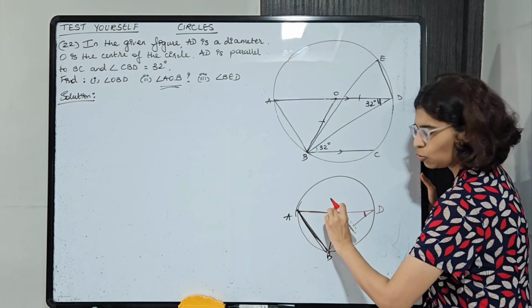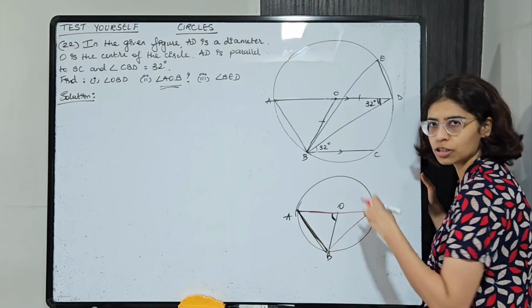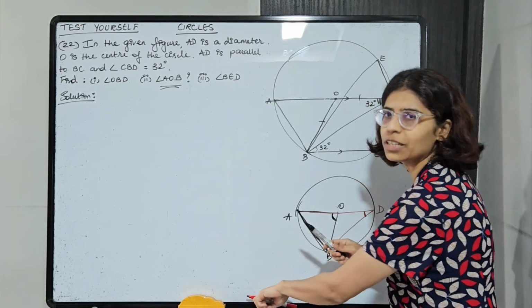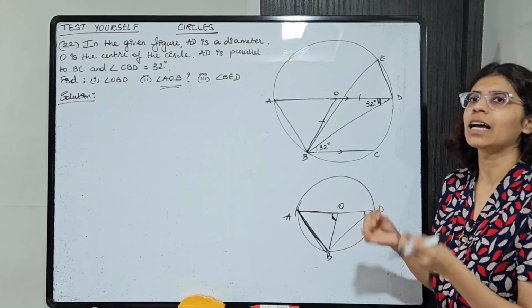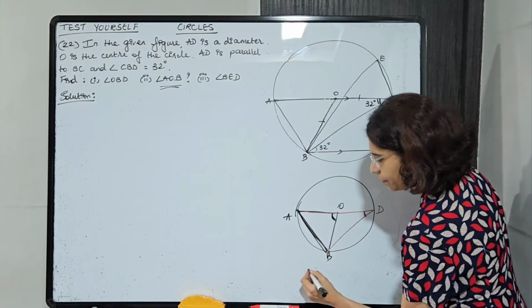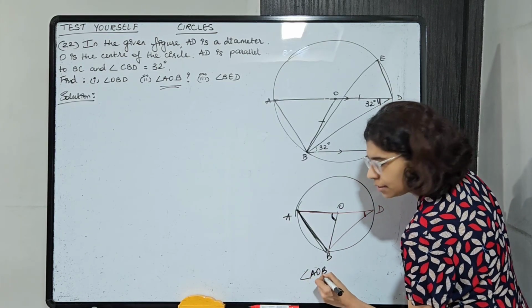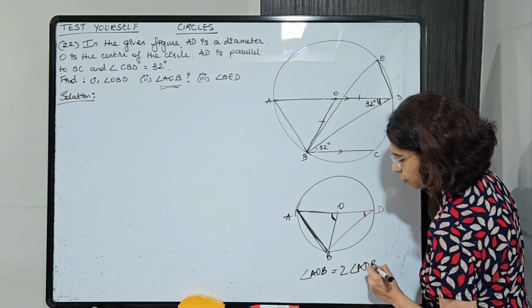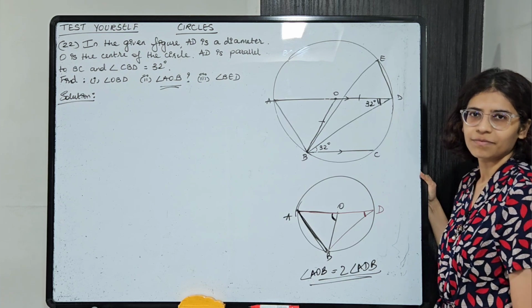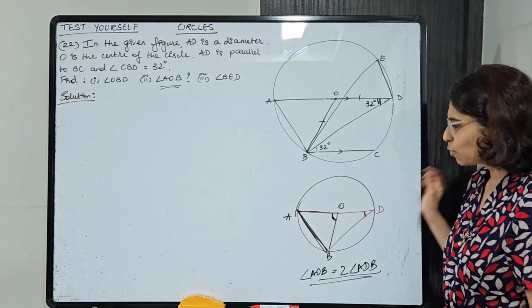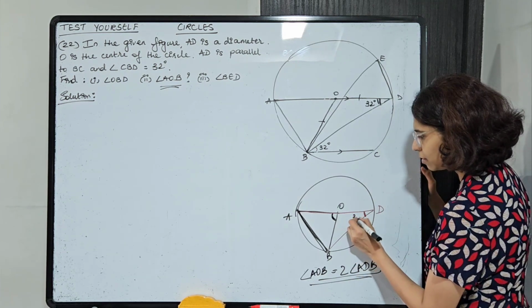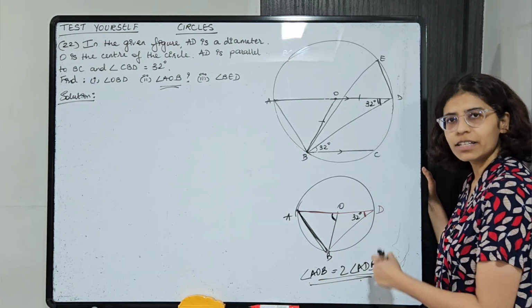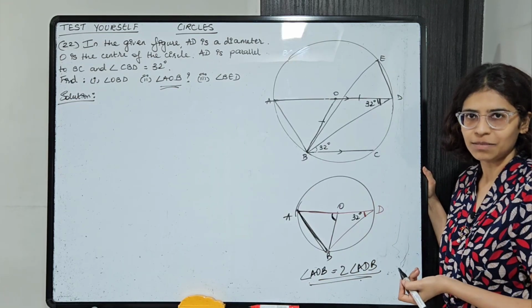So AOB at the center, ADB on the circumference. Now I know the relation between the angle subtended at the center and the angle subtended at the circumference. Angle at the center is twice the angle on the circumference, right? So ADB is 32, put the value, AOB will be twice 32, that is 64 degrees.